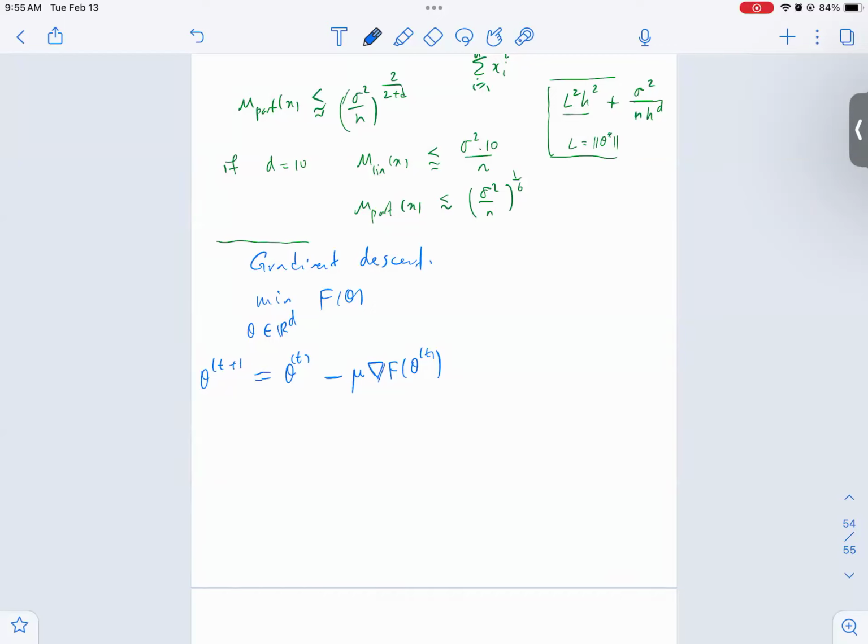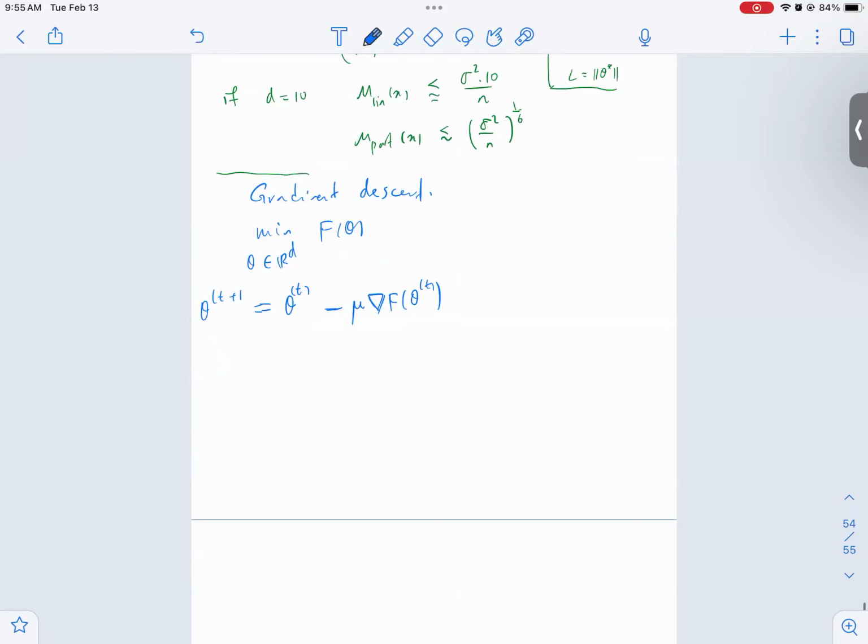There are different ways of motivating this approach. One way, which I kind of like, is to do the Taylor expansion of the function around the point theta_t. Does anyone know what the first order Taylor expansion of the function would be?